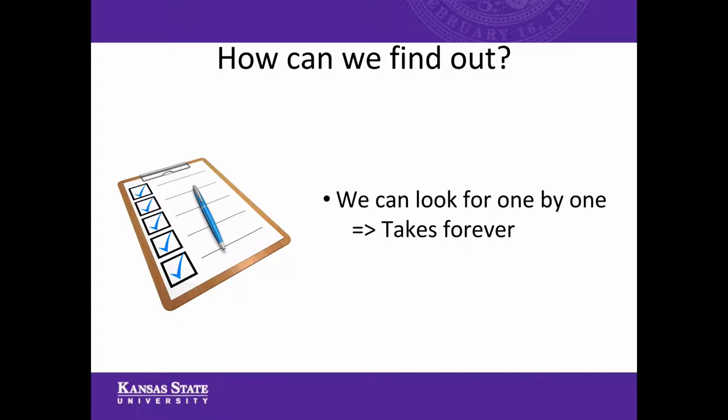So how can we find out? First, we can look at one person by one person, or one transaction by another transaction. But we have almost a million records, so it will take forever if we do it one by one. So let's do it the smart way.